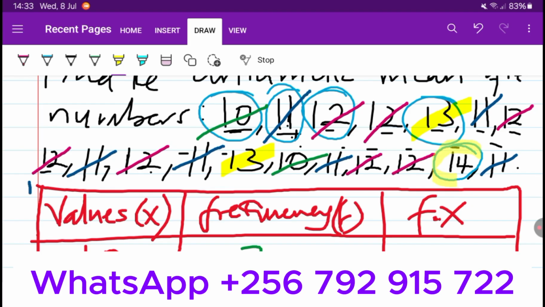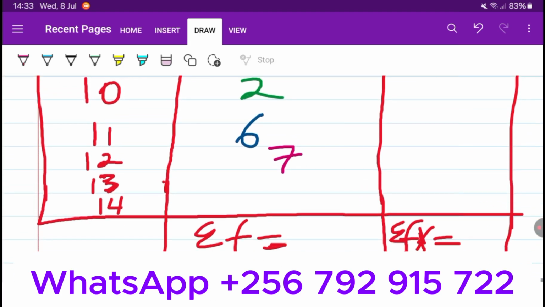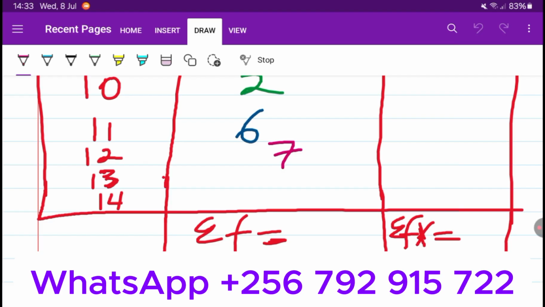This is the only 14 that we have there. And you can see all the figures have been dealt with. So we move down here. We say 13 appears twice, and then 14 appears once.